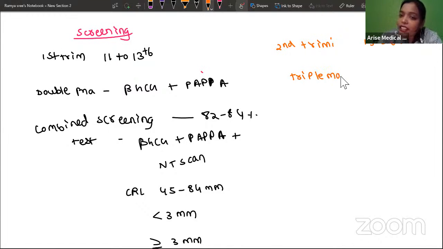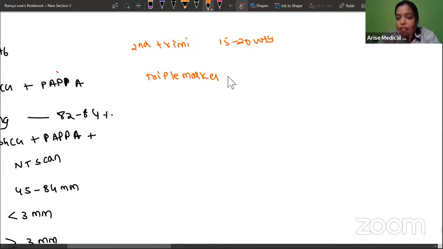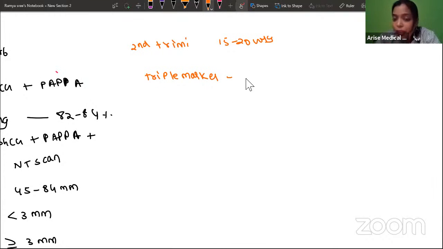Again, the triple marker is like an old one, but yes, better we read it, because if they ask in the exam, we should get the marks. So the triple marker is beta HCG plus unconjugated estriol plus AFP. Not so good a method. Detection rate is only 60%.